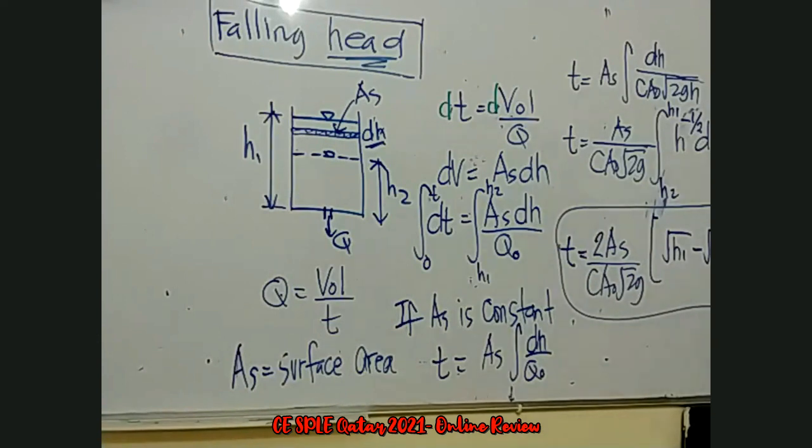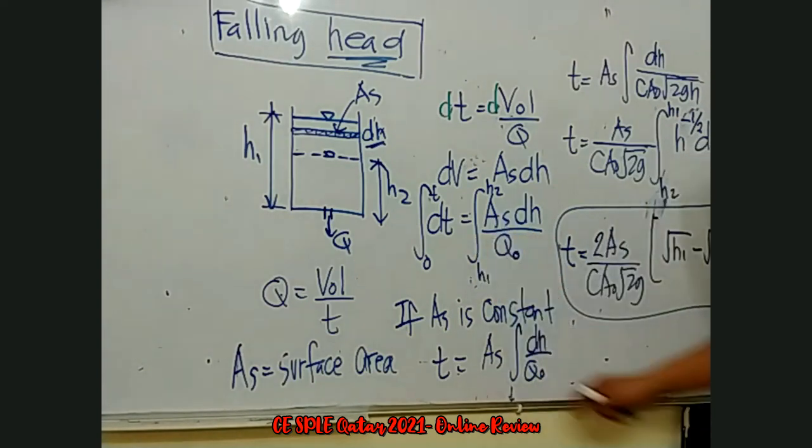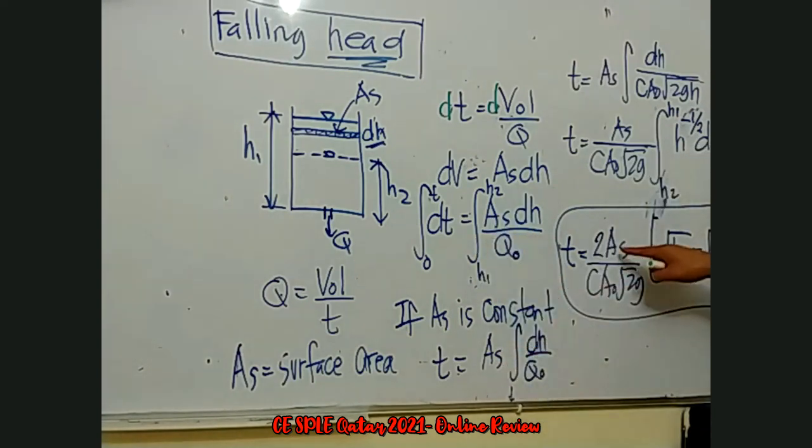Ngayon, if AS is constant. If AS is variable, there is no other formula kung hindi itutuloy mo yung integration. If AS is not constant, convert AS in terms of H, kasi naka-dh ka.